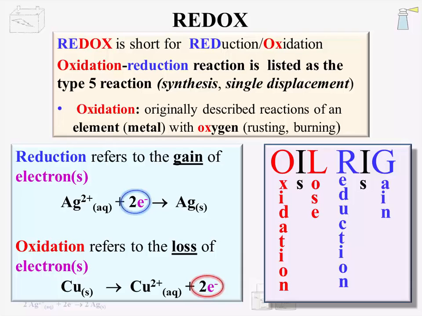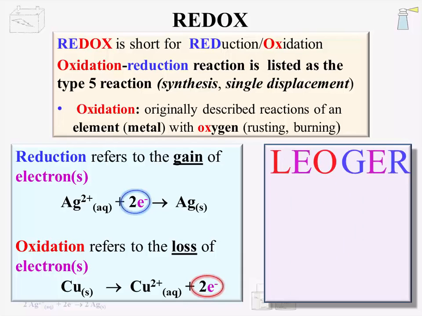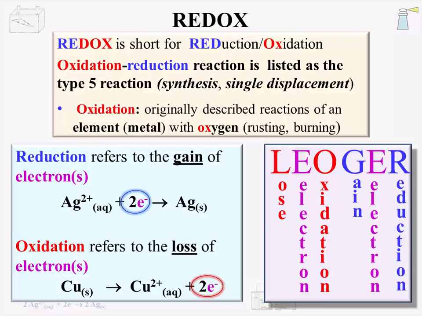The other common acronym is LEO-GER. That is, Leo the lion roars GER. It stands for lose electron, oxidation, gain electron, reduction. Either way will work, but do have a way to keep the direction of electron flow straight.